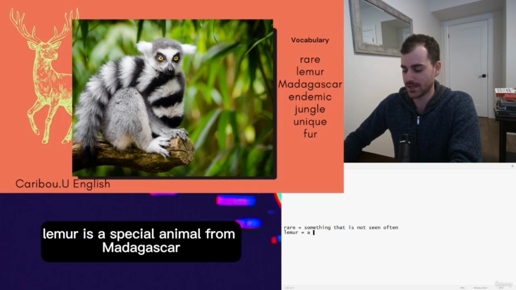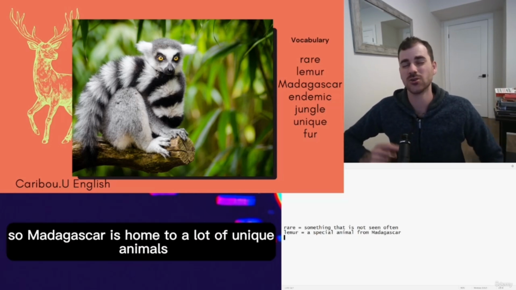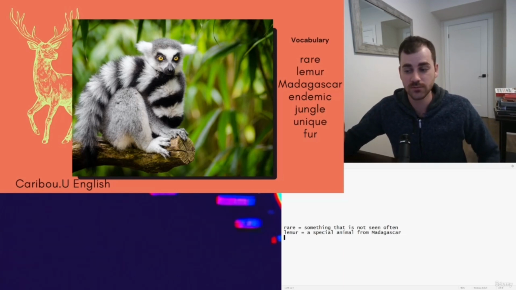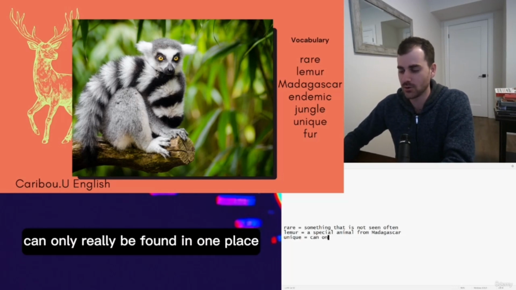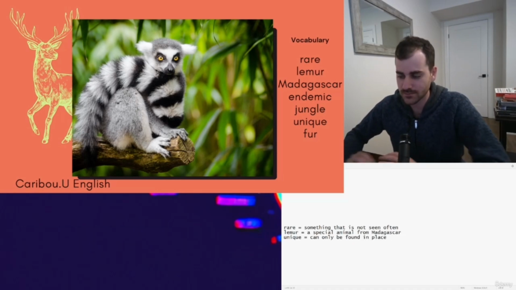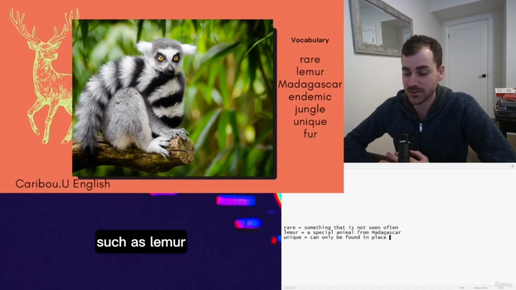Lemur is a special animal from Madagascar. So Madagascar is home to a lot of unique animals. And unique means can only really be found in one place. So Madagascar is home to a lot of unique animals, such as lemur.